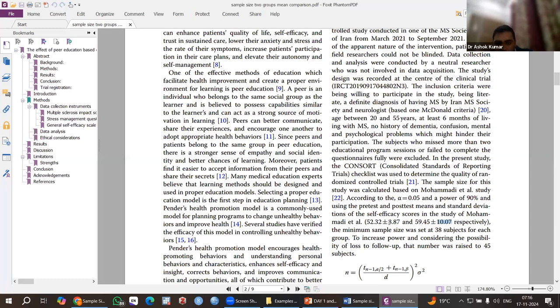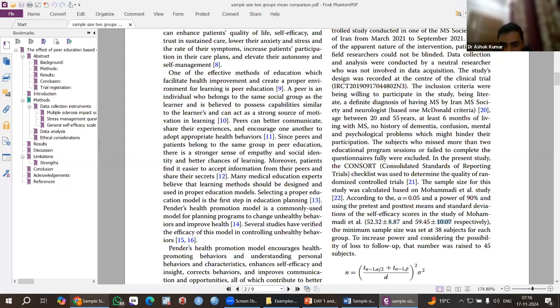Because if we take the small standard deviation, we will get a smaller sample size. If we take the larger standard deviation, we will get a larger sample size compared to this. So please always go for larger sample size. Don't go for a small sample size. So take this, okay?